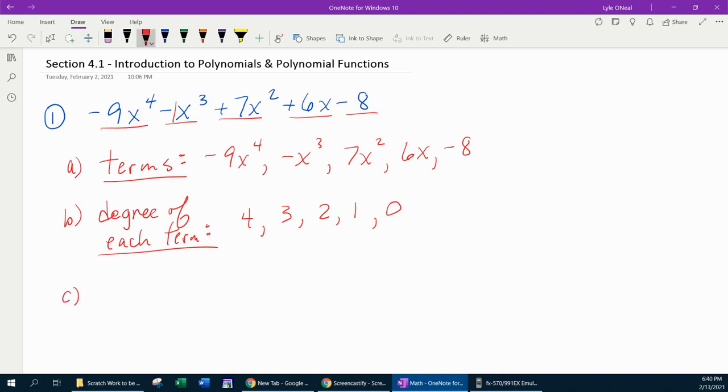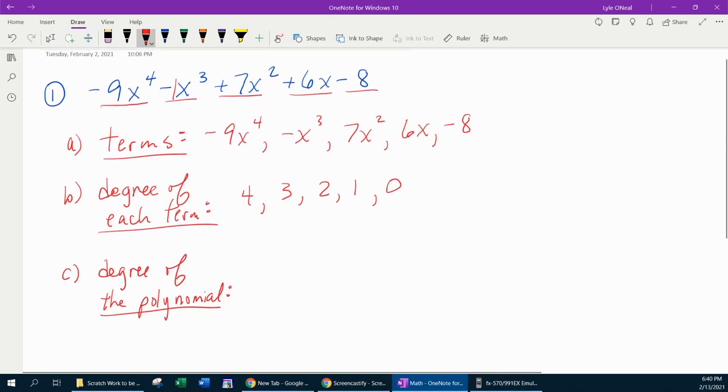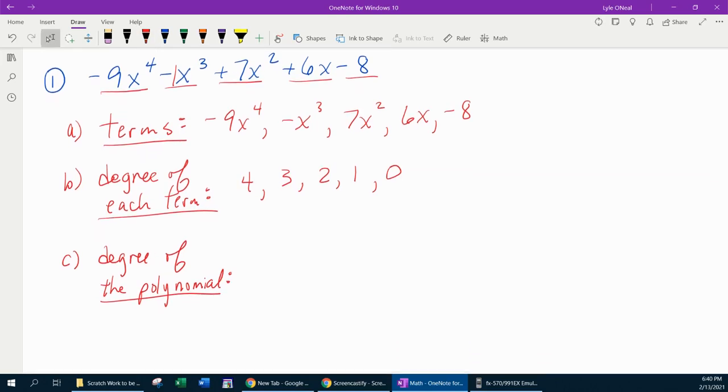Part C, we need to identify the degree of the polynomial. Once you have identified the degree of each term, the degree of the polynomial is simply the highest of those degrees. So the degree of the polynomial here would be 4 because it is the largest degree on any term.